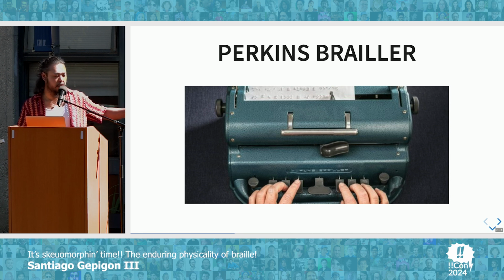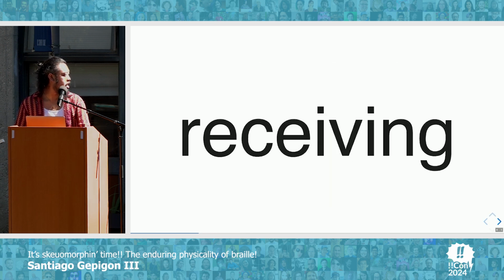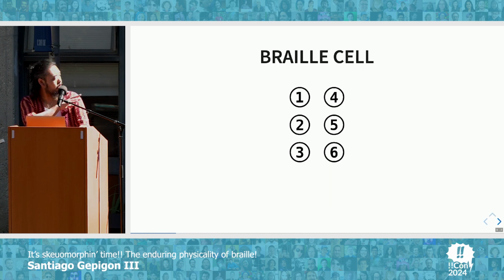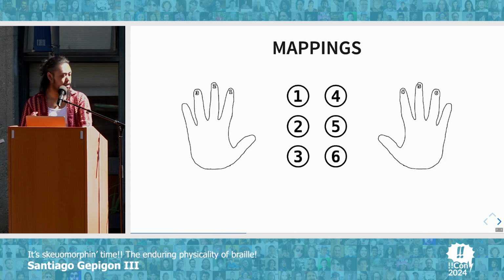The innovation here, why I brought up stenographs, is the idea that you chord combinations. So to hit a full Braille cell where you want to raise, let's say, 1, 4, 2, you can now just chord those on your left and right hand. So that's the innovation of the Perkins Brailler.